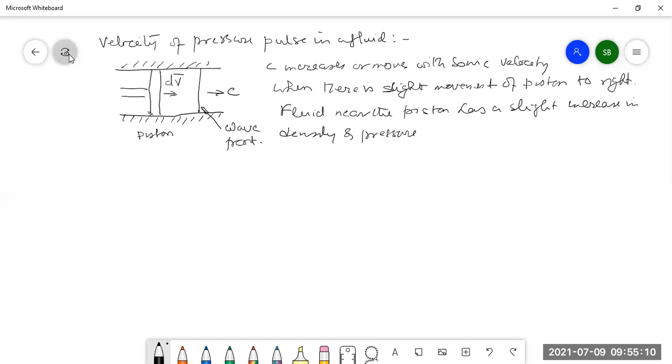Now, if we have an observer, let us make this pipe once again.